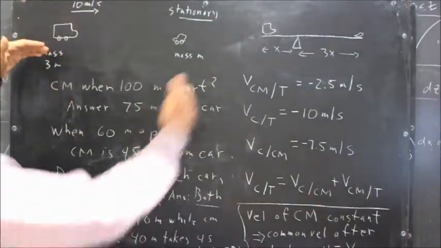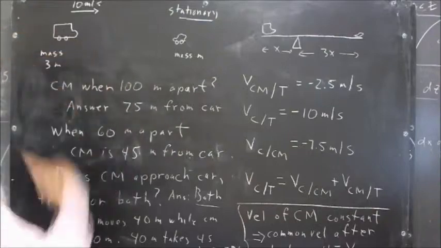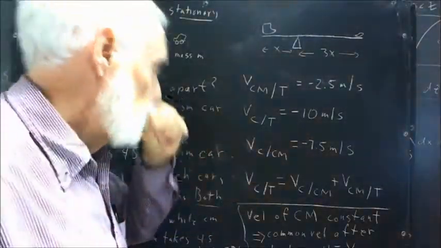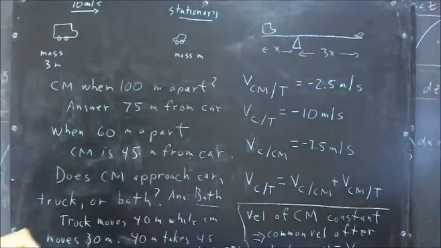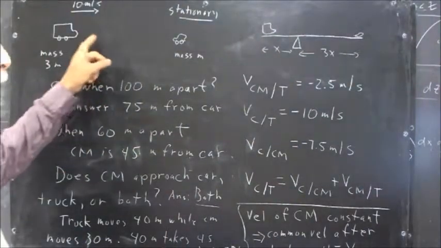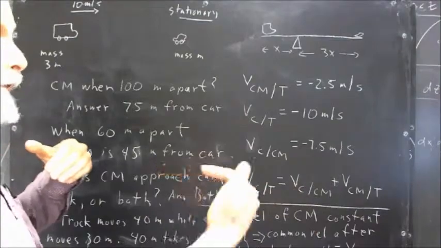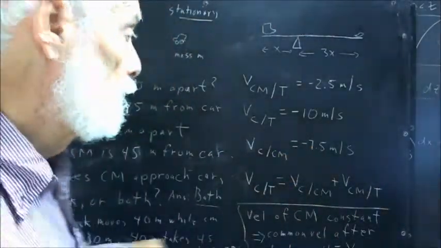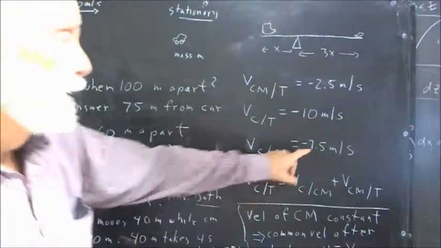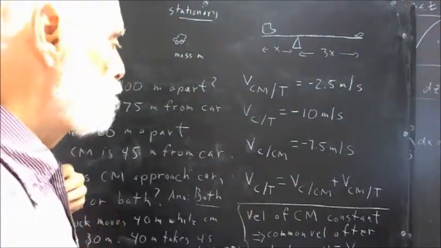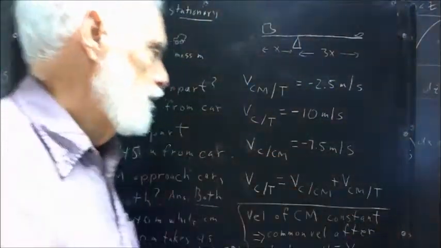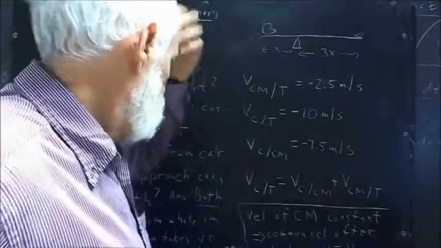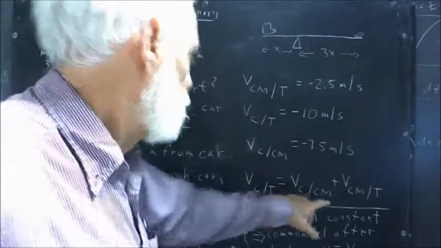Well, the truck sees the car coming at it at negative 10 meters per second. The velocity of the car relative to the center of mass: if you're riding the center of mass, you see the car approaching you at 7.5 meters per second, this direction being negative. That's also negative.